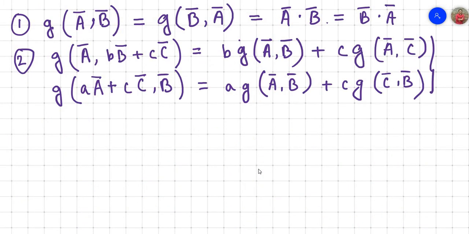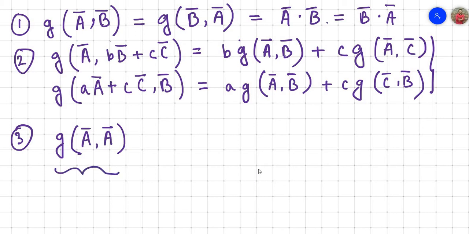Now the tricky part, positive definiteness. What does it mean? It means that if you have the same vector a, comma a in both of the spots of the metric tensor, then as long as this vector is non-zero, this object, which is a number, should be greater than 0.